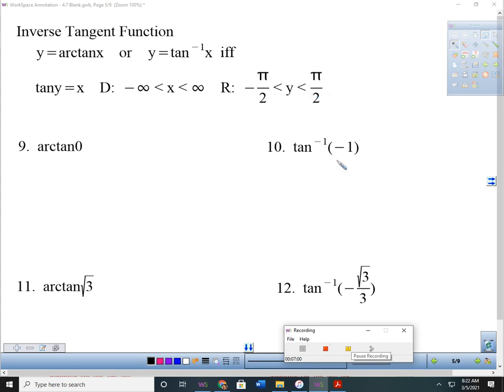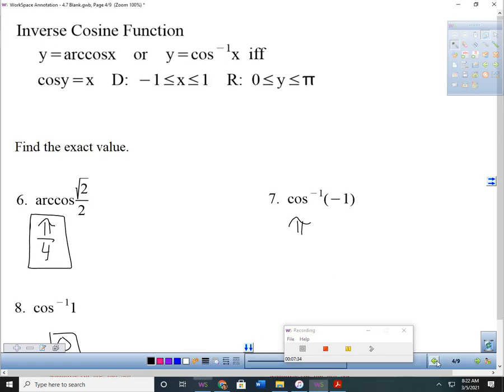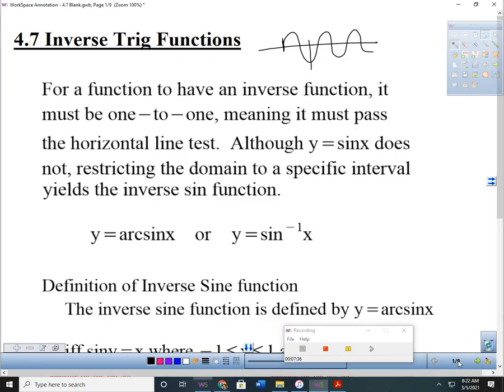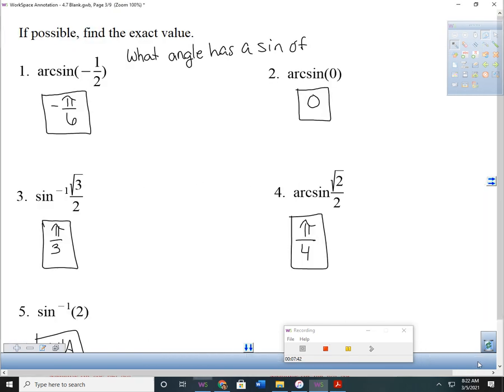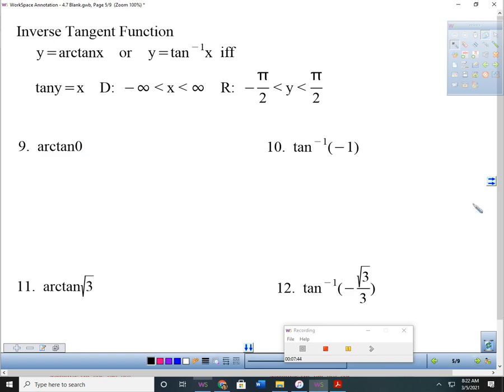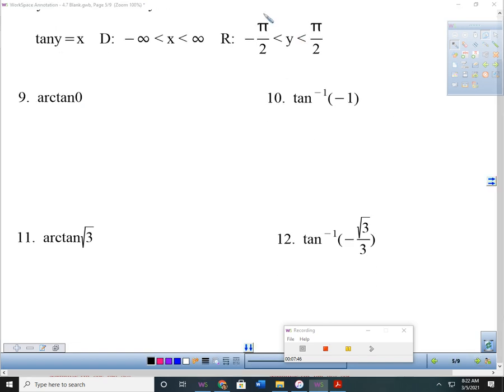The only difference is, do you notice that these don't have the equal to bars? If you look at sine, sine had the equal to bars, right? So you can pick any number in between, but you could not have a value that is at negative pi over 2 and at pi over 2.